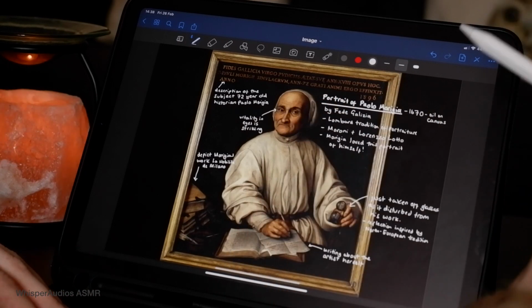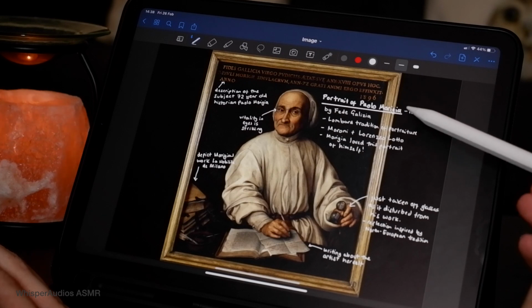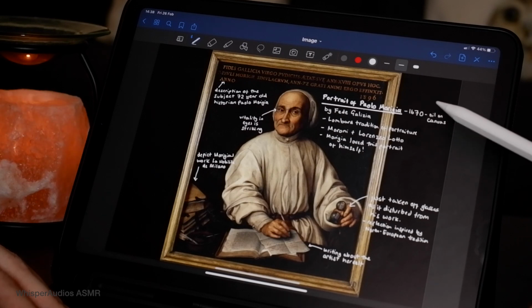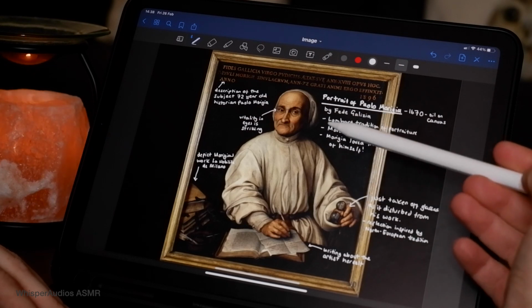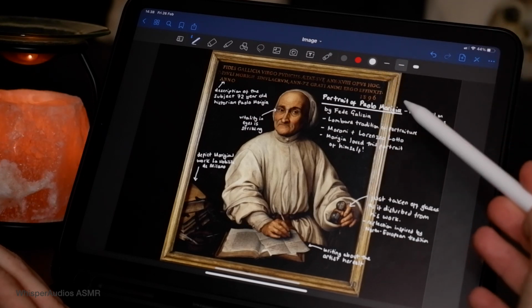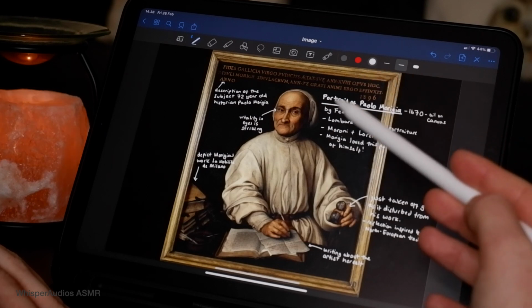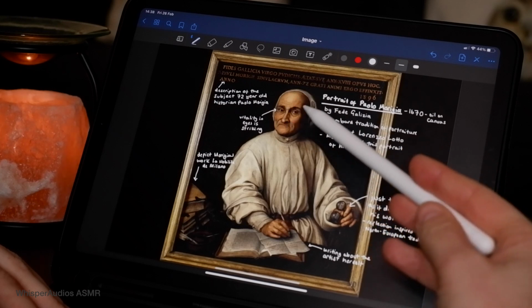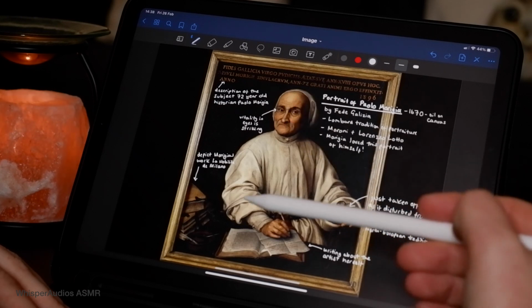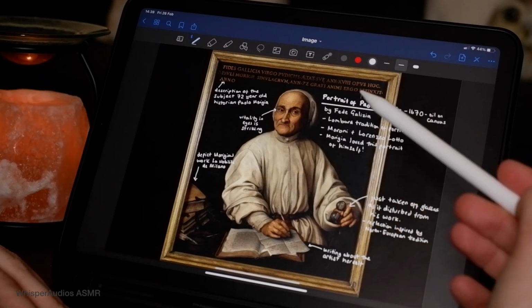So, it is the portrait of Paulo Morriga, painted in 1670, oil on canvas by Galicia. It was painted in the Lombard tradition of portraiture, inspired by Moroni and Lorenzo Lotto. And Morriga himself loved this portrait as it resembled him perfectly in his opinion.